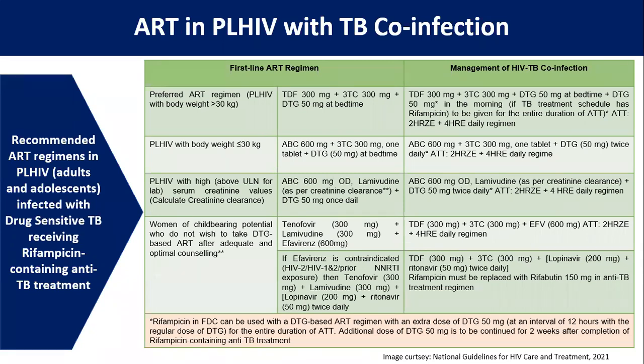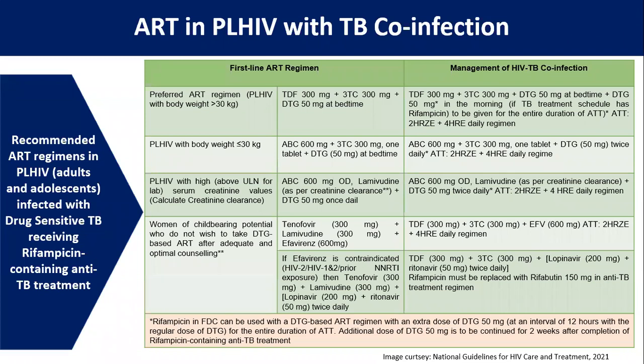Now, PLHIV with high serum creatinine values, we can give abacavir without any dose adjustment. We can also give dolutegravir without any dose adjustment, but we'll have to adjust the dose of lamivudine as per the creatinine clearance. If the creatinine clearance goes below 30, we are going to titrate lamivudine. But if the creatinine clearance is more than 30, we can continue lamivudine with the same dose, that is 300 milligram.